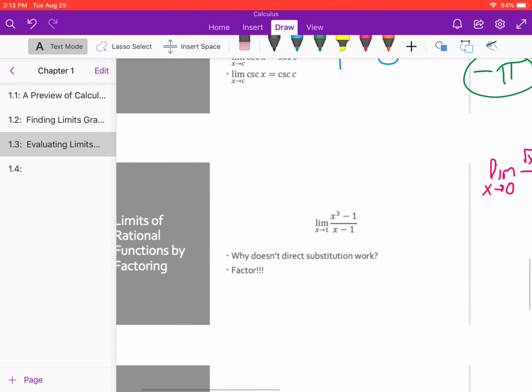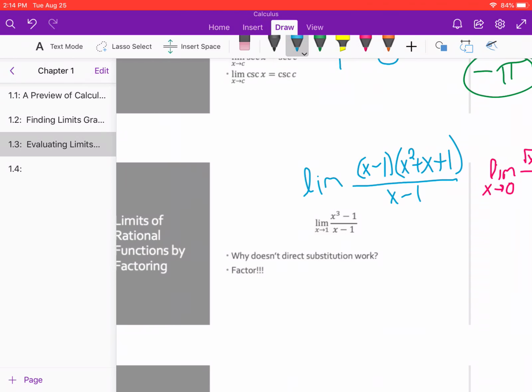So let's try this one here. If we factor the top, x cubed minus 1, we get x minus 1 times x squared plus x plus 1 all over x minus 1. Reminder, we're still taking that limit as x approaches 1.